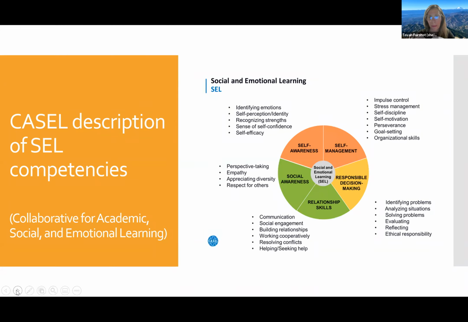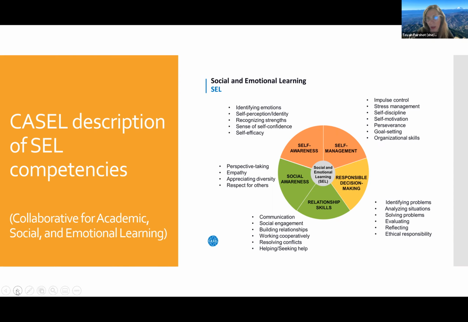Goal setting. We then go into social awareness, and this is really when we want to teach our students about perspective taking, about empathy, right? Appreciating diversity, respecting others, which leads to strong relationship skills, communication, what type of social engagement, how do they build relationships, how do they work cooperatively, conflict resolution, in order to finally dig into responsible decision making.